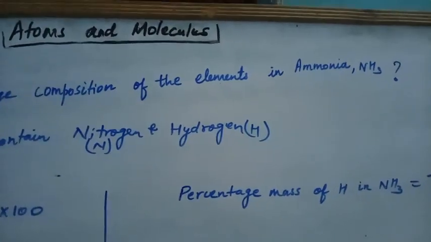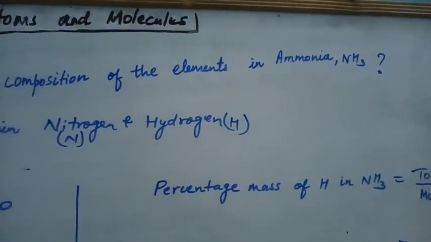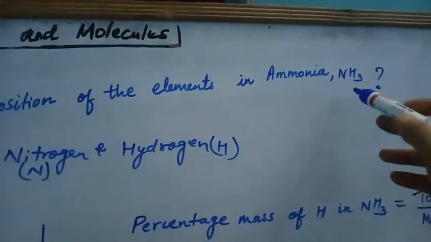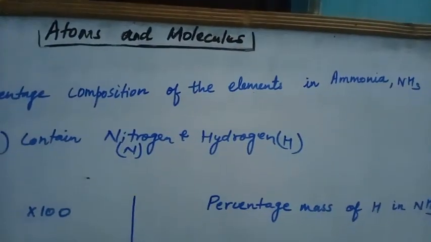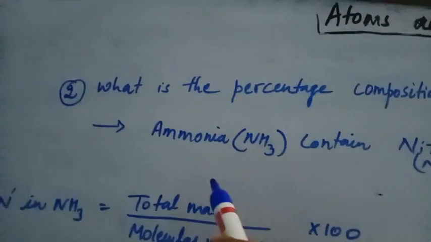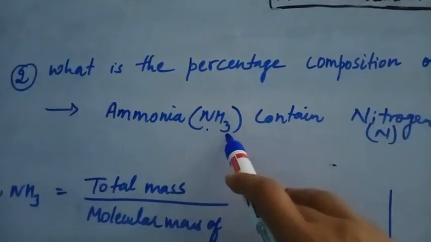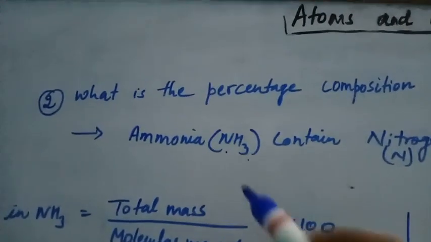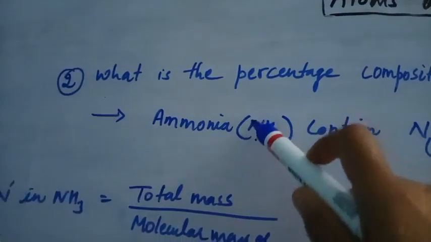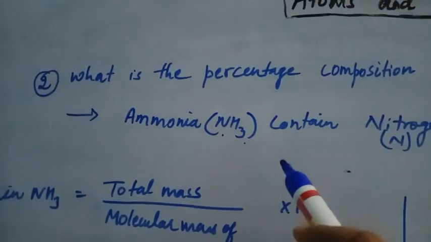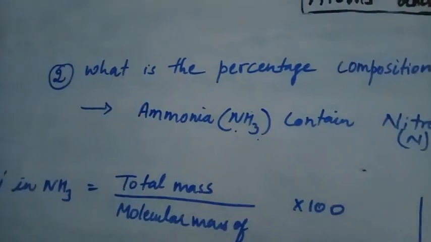So here it is asking to calculate the percentage mass of each element present in the compound ammonia. So first we should know what are the elements present in ammonia. So ammonia contains nitrogen and hydrogen. So here we have to calculate the percentage mass of nitrogen in the compound ammonia, and then again we have to calculate the percentage mass of hydrogen in the compound ammonia.